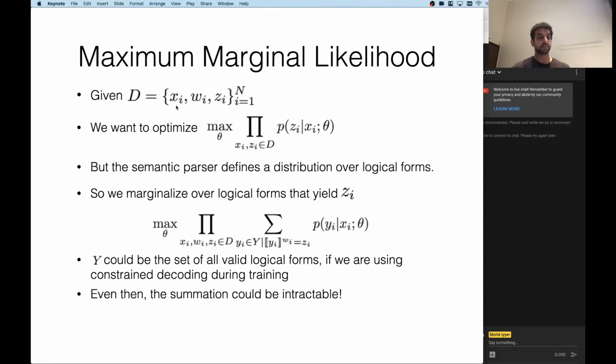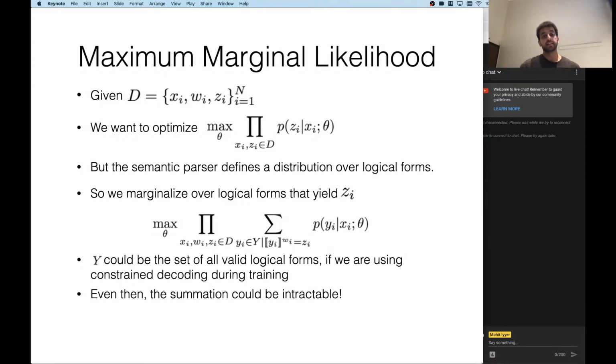So we're given the question, this X, the table, this W, and the answer to the question, this Z, and we're not given the Y. Our goal is to maximize the probability of the correct answer given the question. I mean, that's what we want to do. But we can't just obtain an answer from a question, right? We need to run the question through the executor over the table to get the correct answer.